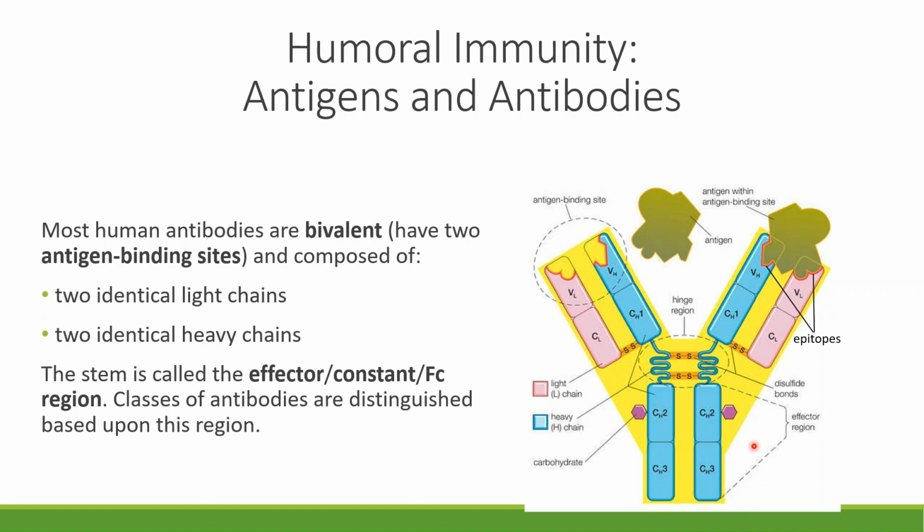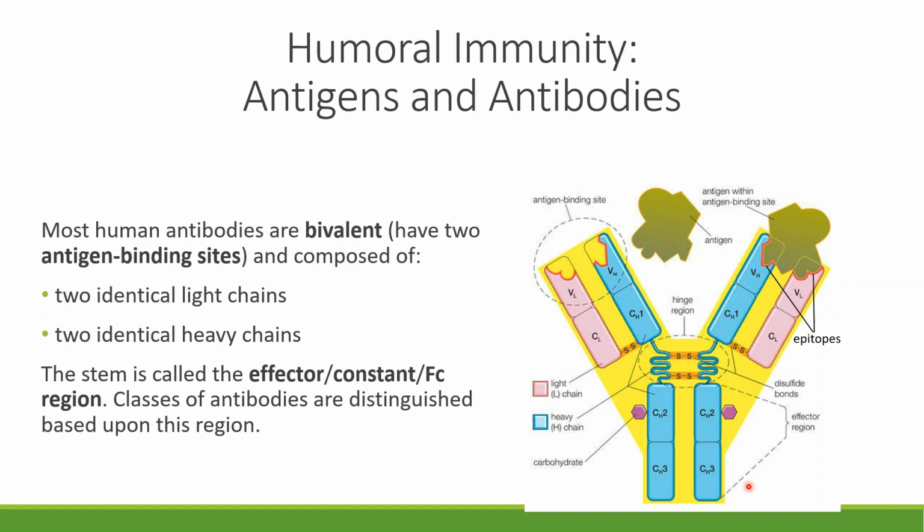The class of an antibody is determined by this region. So different classes of antibodies are going to have different constant regions, and this influences its function and the immune response: where it comes from, where it goes, what percentage they are, how long it stays in the body, what it specializes in.